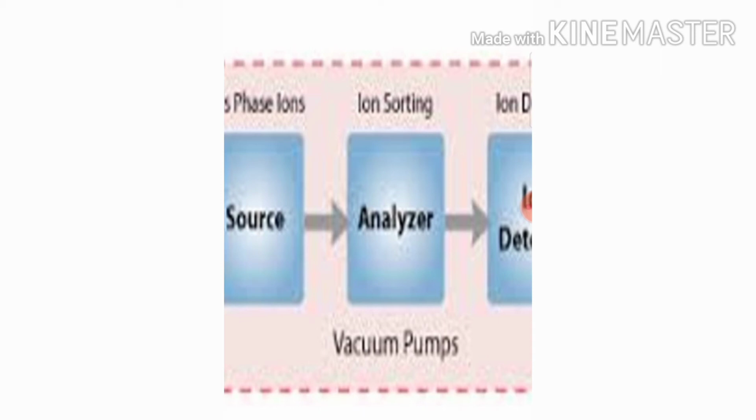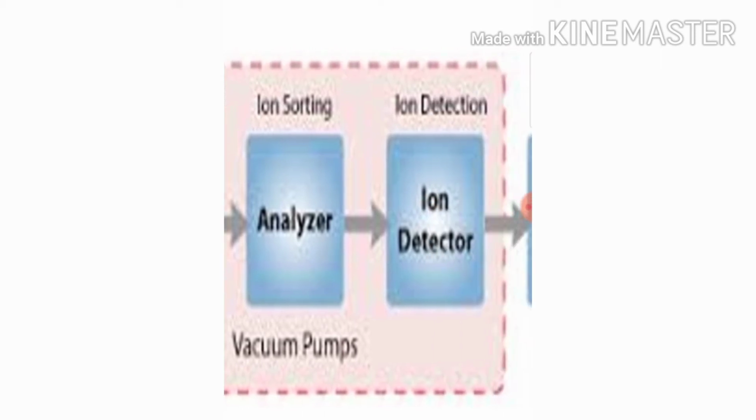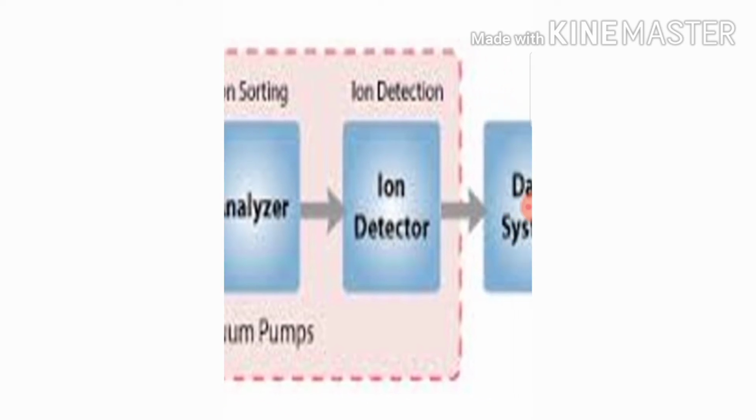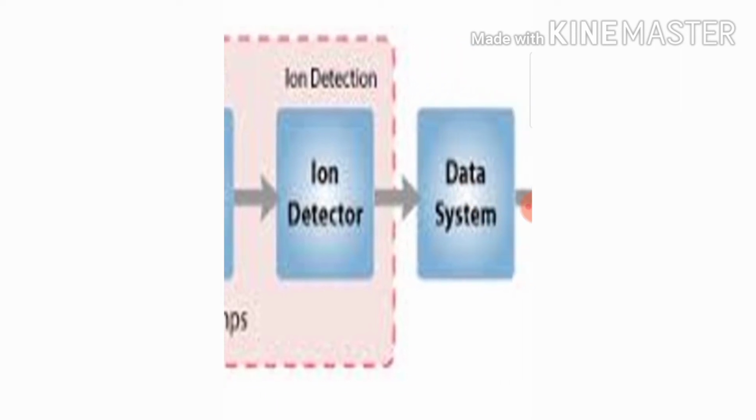Sorting of the different ions means separation of the different ions on the basis of different mass and charge. Then the ion detection unit will detect the different ionic forms of the biomolecules in the form of mass spectra, and that mass spectra is captured by the computerized data system.